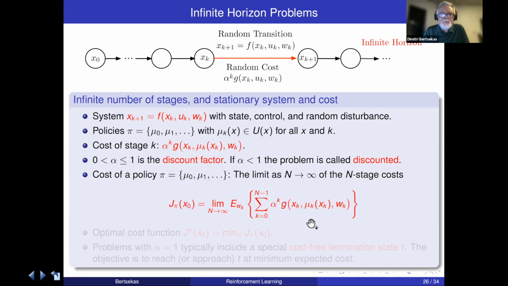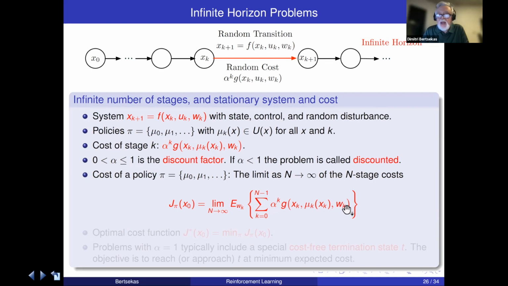So the presence of a discount factor has the effect of making this cost tractable and mathematically correct. So for a given policy, which now involves an infinite number of functions, this is a random variable.